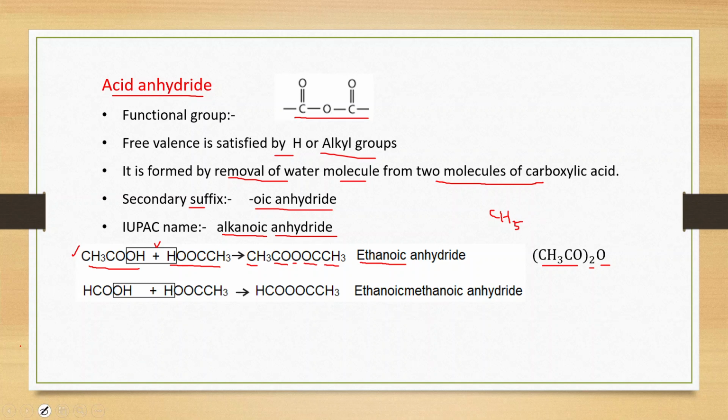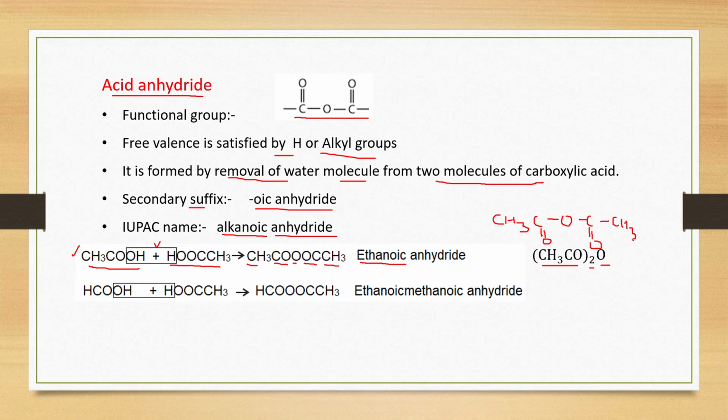you can write this: CH3, this is C double bond O, then this is oxygen, then this is C double bond O, and this is CH3. Ethanoic anhydride.